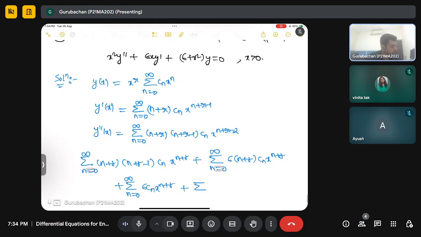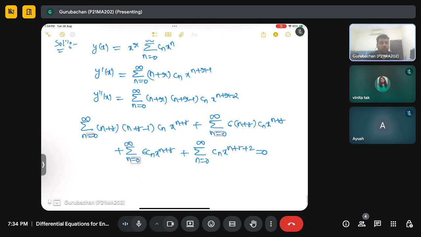If you multiply this by x square, you will get n plus r plus 2 equal to 0.